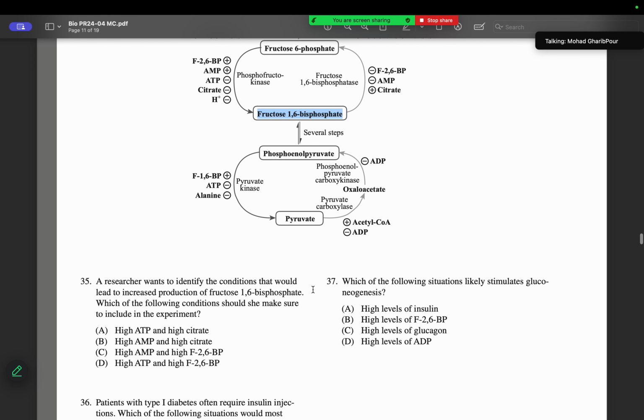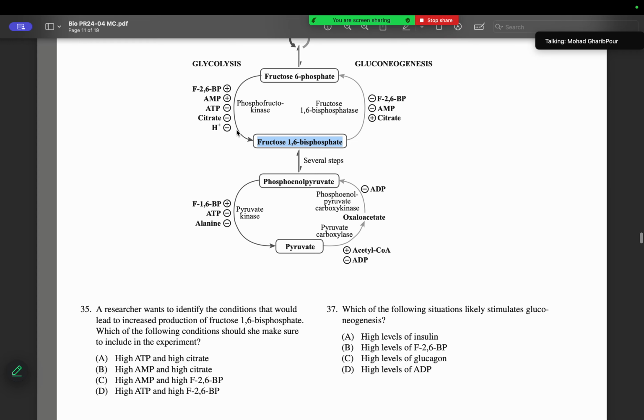So basically we're trying to see how we can increase this. You look at all the arrows that point to this guy and increase the production of this guy.